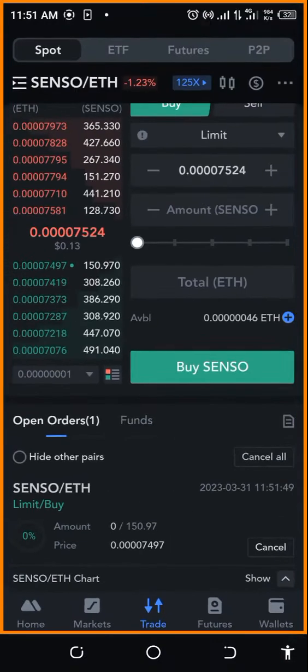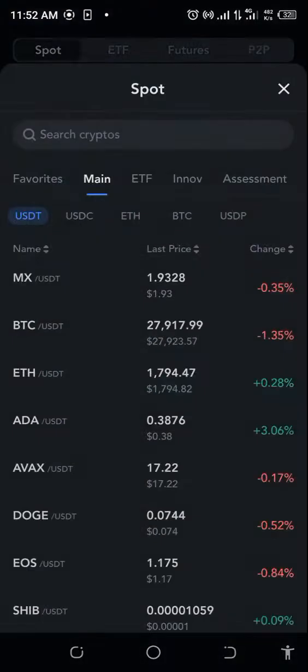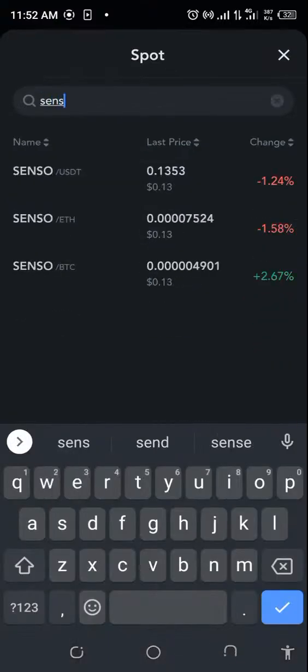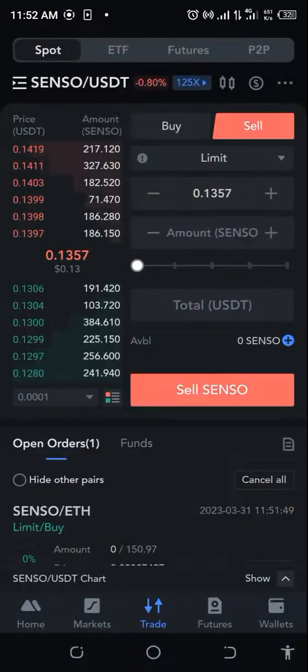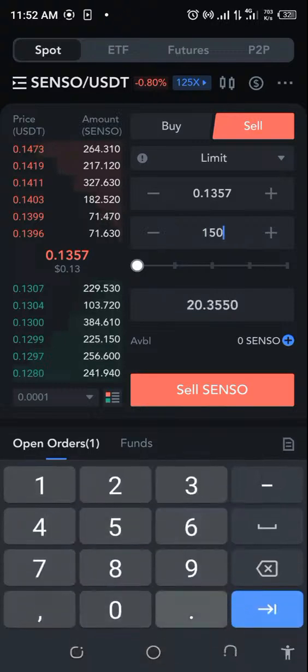Okay, let's quickly go and see if we sell this to Senso USDT, how much we're gonna make. Let's see if we sell this, what would we make? That was 150.97.